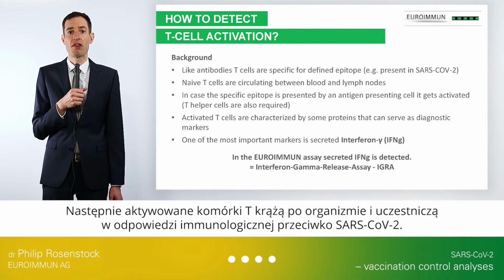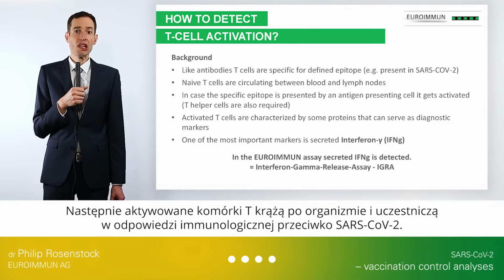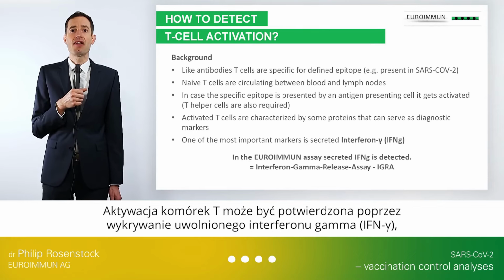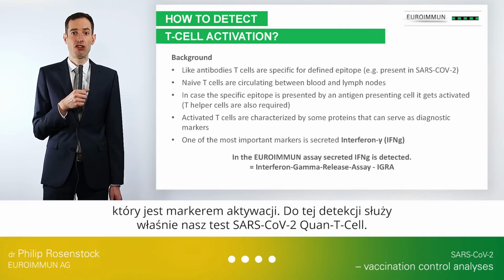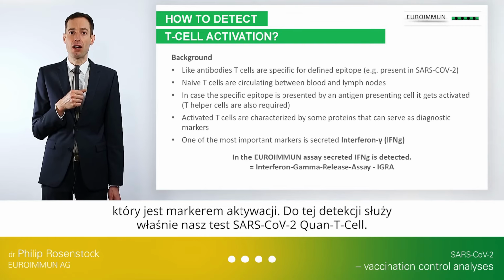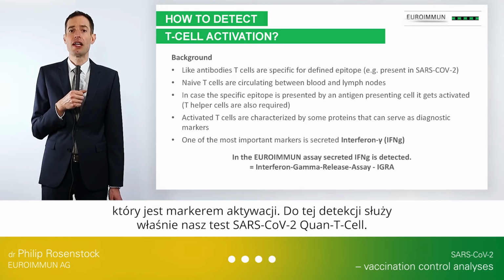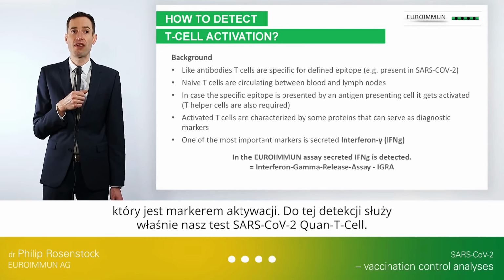Then the activated T cells circulate in the body and mediate the immune response to SARS-CoV-2. This activation can be detected by interferon gamma release, which is an activation marker. And this is also what is determined here in our Quant-T-Cell test.